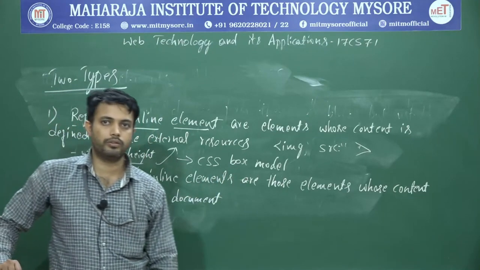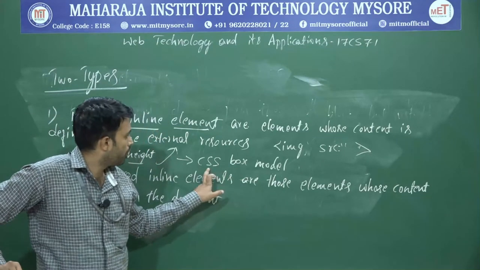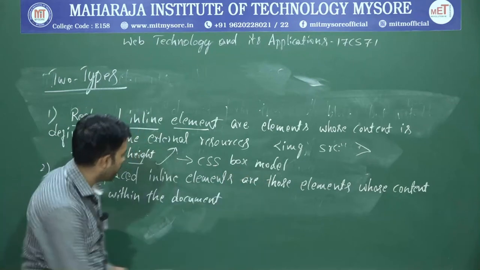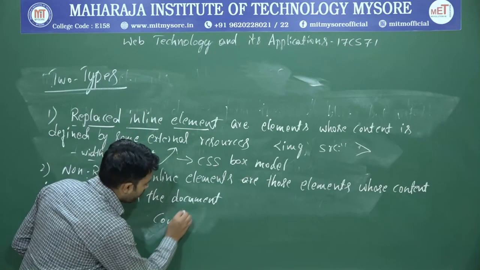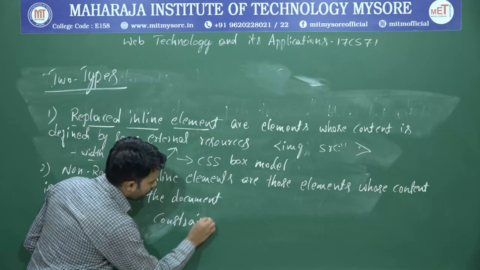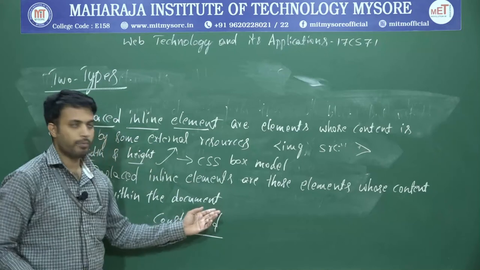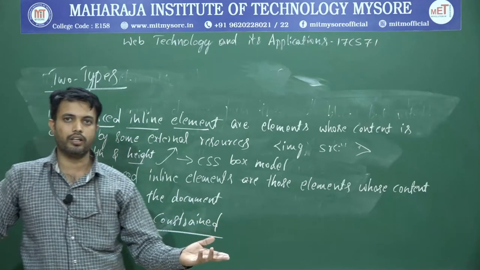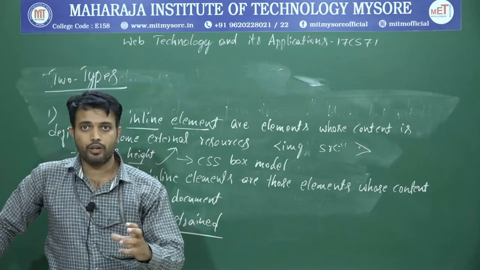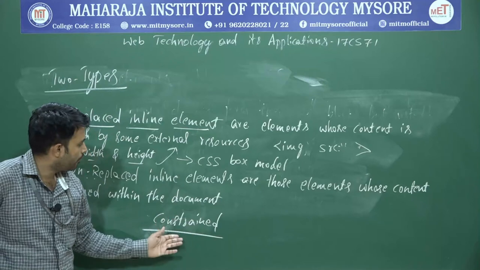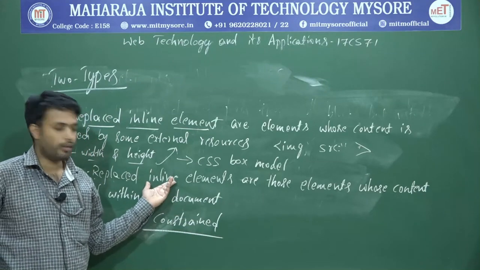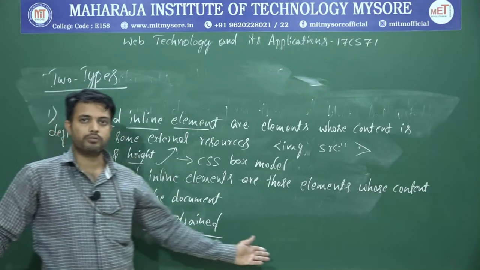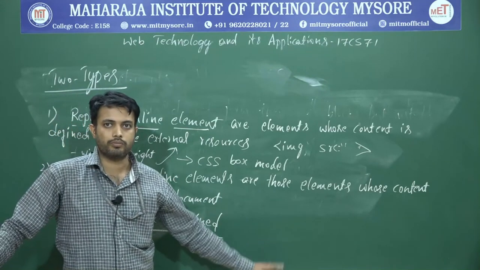This supports the normal CSS box model, but it is constrained. It is constrained because we can define, for example, font size, font color, line spacing. All this we can define within this element itself. That's why it supports the constraint box model.